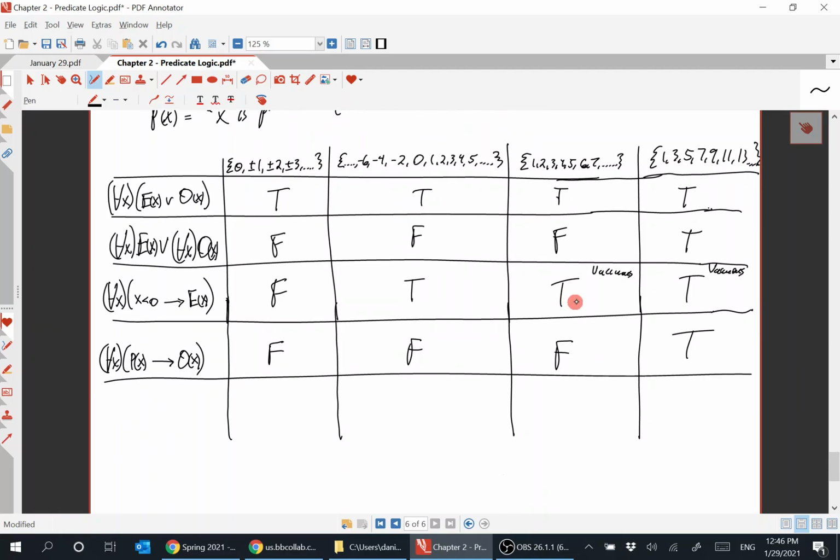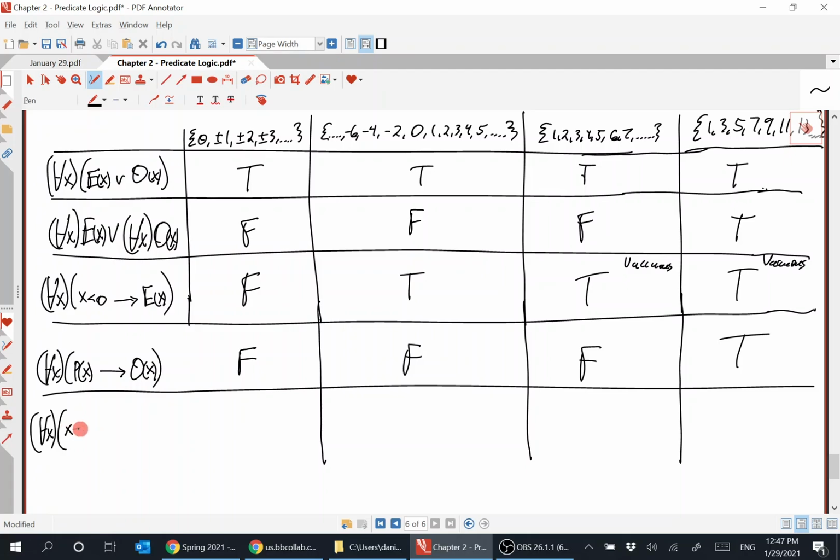If you wanted to write this: for every x, x is not equal to 2 and x is prime implies x is odd.